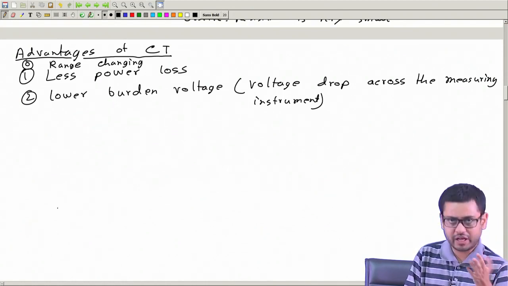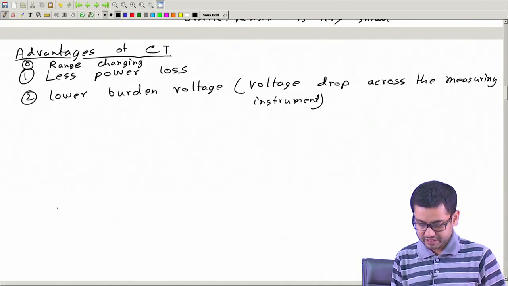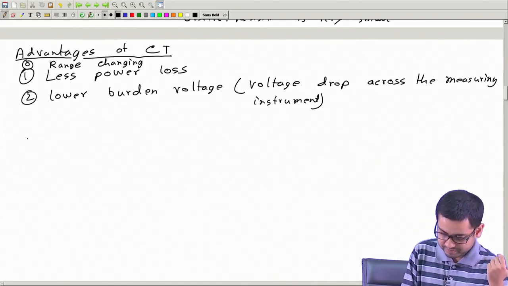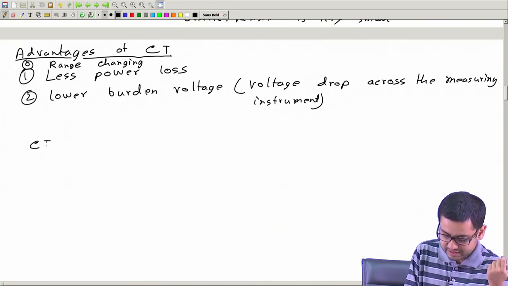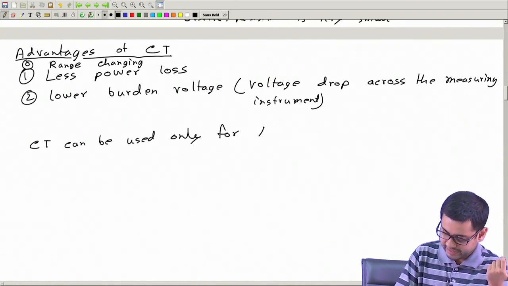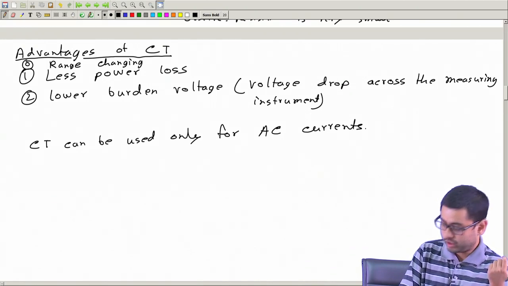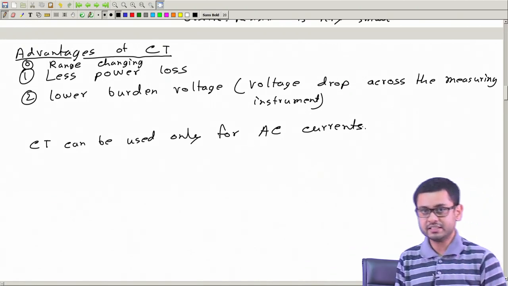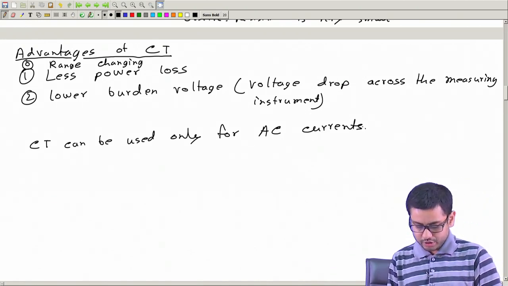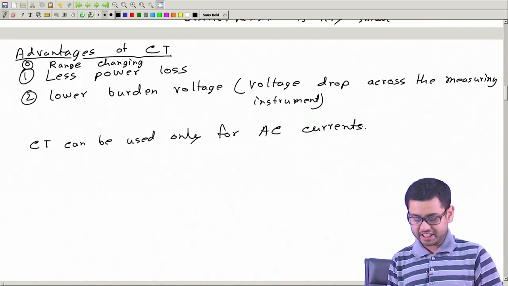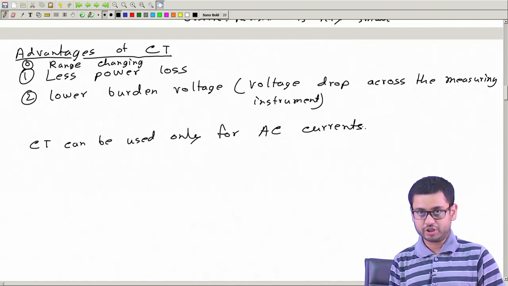These are some of the advantages we have seen so far. Now, the obvious fact is that a CT can be used only for AC circuits, AC currents, because transformers do not work with DC at all. So for DC circuits we cannot have a current transformer.